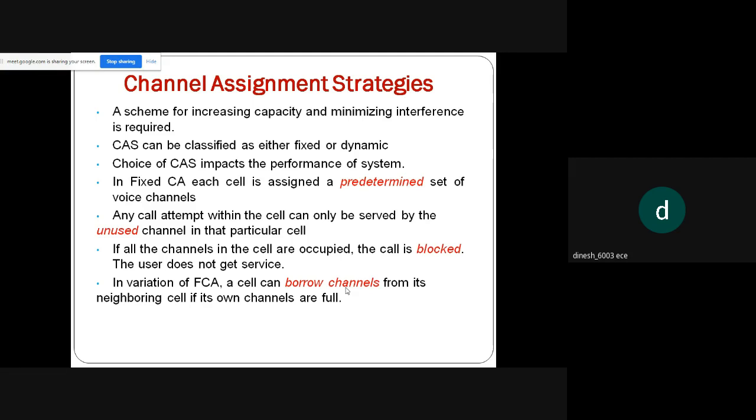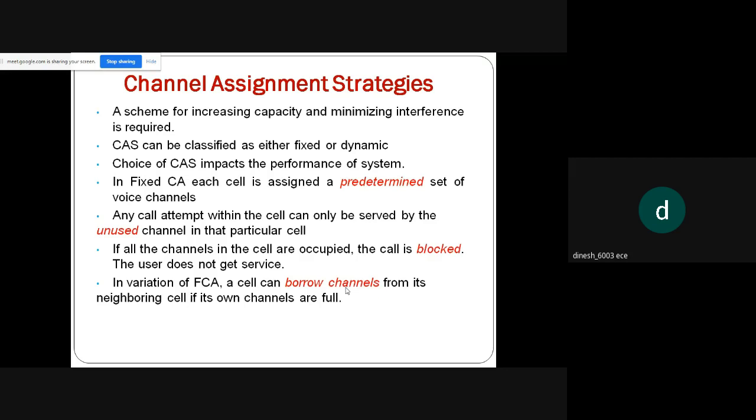If you use a fixed system, you will get more coverage. If you use a mobile or dynamic system, you will get less coverage. That depends upon the assignment, and it plays a major role in channel assignment strategies. In fixed channel assignment, each cell is assigned a predetermined set of voice channels.